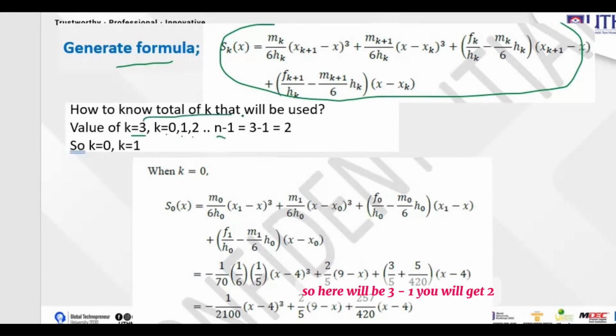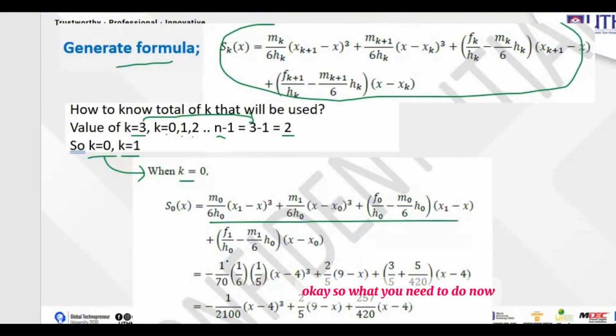So here will be 3 minus 1, you will get 2. So you will have 2 values of K, starting with K0 and another one K1. Then you use K0. The value of K here, you will replace in the formula. So you will get this.